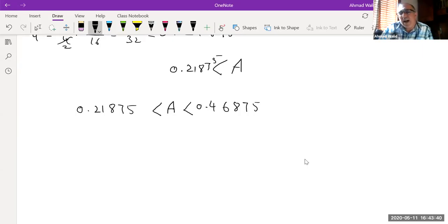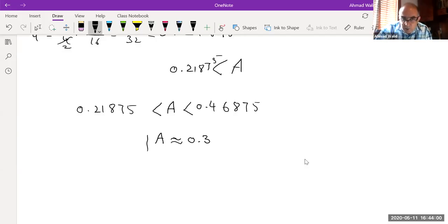What do you think of a number between 0.2 and 0.4? Can I say my area is approximately 0.3? Because between 0.2 and 0.4, the only number that fits is 0.3, correct?